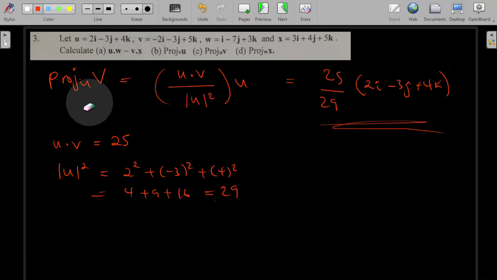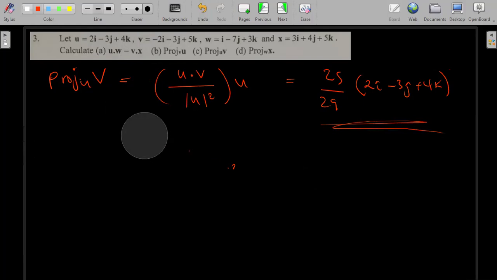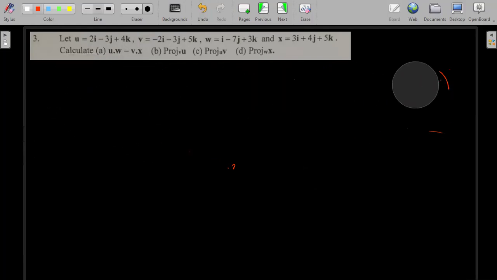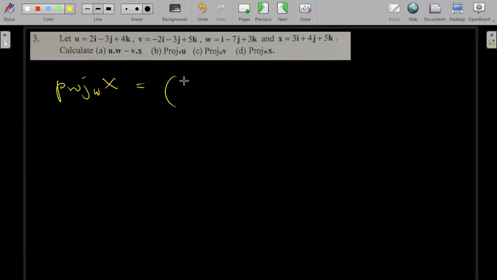All right, so the next one, similar question, but now it's x along w. So the projection of x along w. So again, the dot product of x and w, then divided by the one you're going along, which is w, squared.